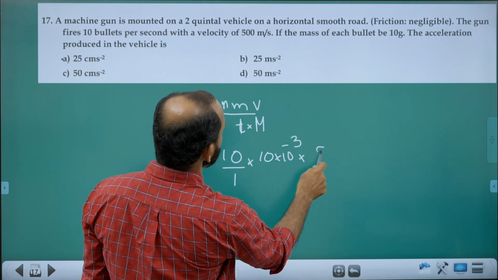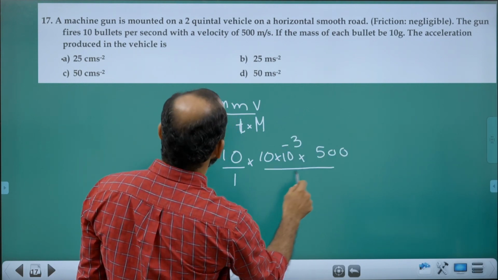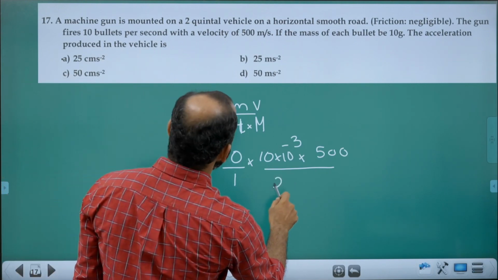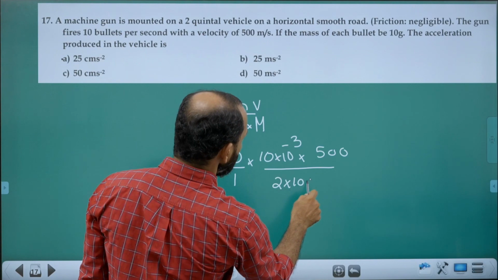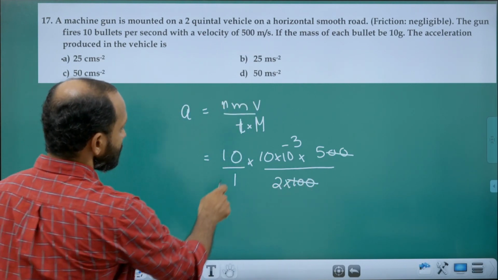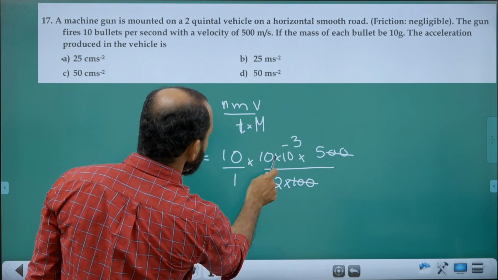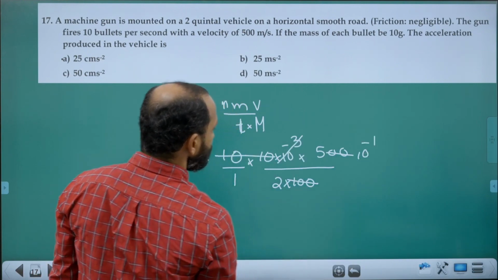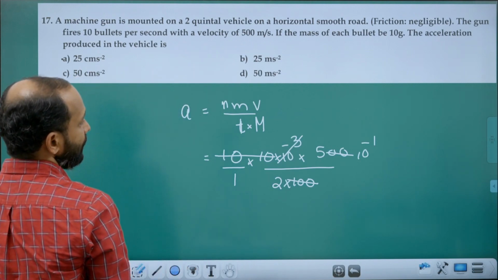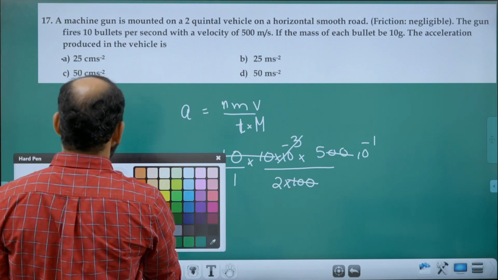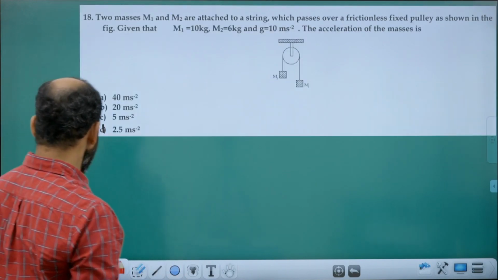V is the velocity of the bullet, divided by capital M, the mass of the machine gun, that is 2 quintal, 2 into 100. So this 100 cancels, 5 by 2 is 2.5. This will be 10 into 10, 100. Minus 3, you will get minus 1 here. So 2.5 gives 0.25. So 0.25 meter per second square, that is 25 centimeter per second square.